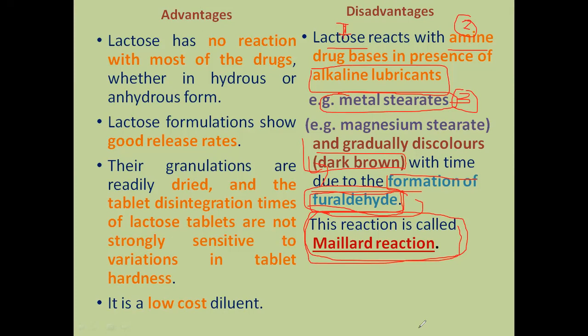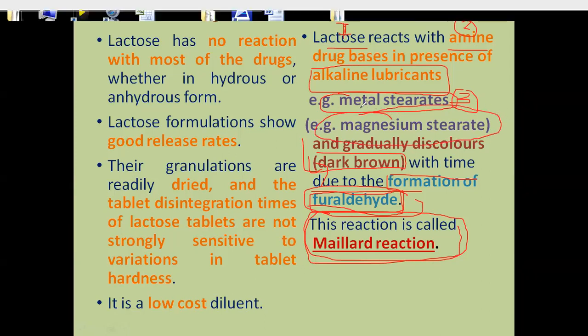Okay, so normally this question is asked: which excipient shows Maillard reaction. So this is what we can say. This is one of the approaches that we can use: anhydrous lactose many a times, so that the Maillard reaction is not seen, or we can avoid using magnesium stearate.